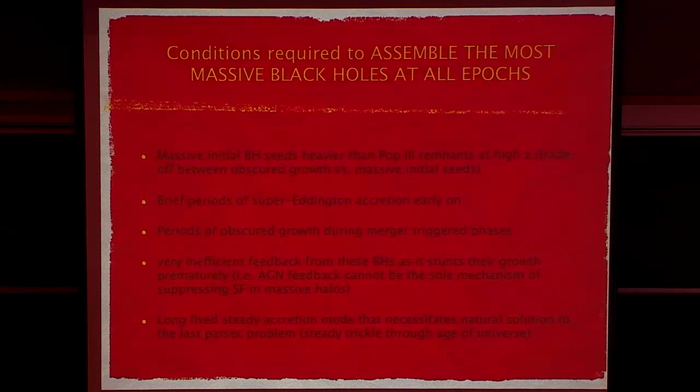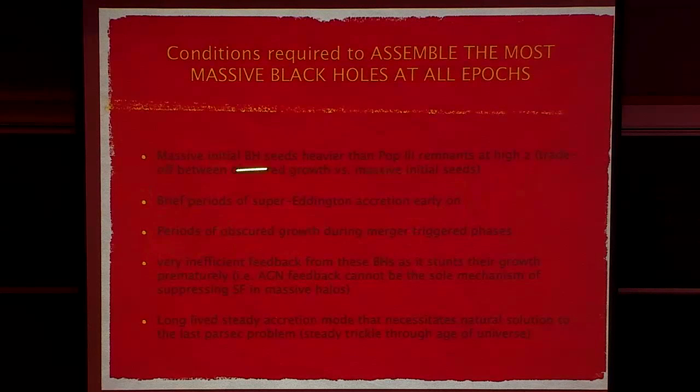So I want to close with some interesting open issues and some challenges for models. It turns out that no matter what the seeds are, there is a set of conditions that are required to assemble the most massive black holes at all epochs, not just the first ones, but at all epochs. And that's really been a challenge. Having initial black hole seeds being very massive alleviates that problem and allows you to match the data, because now we have the data from Kelly et al.